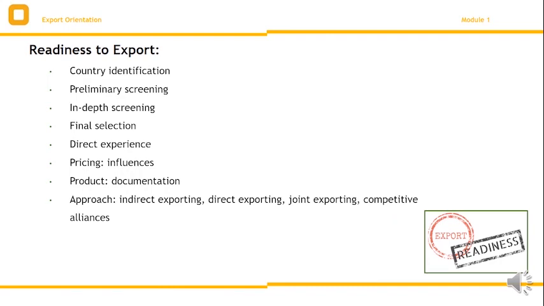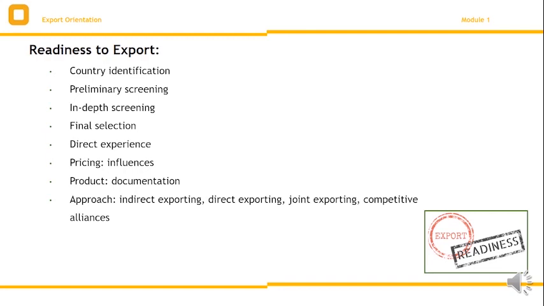You also then need to decide what type of approach you are going to be using. Is it going to be indirect exporting or is it going to be direct exporting? Are you going to be using an agent? Are you going to be using a distributor? Are you going to partner with another domestic company that is going to carry your products or service in their stores?